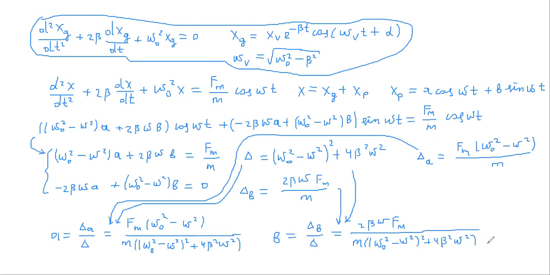Okay, so we have found these coefficients a and b. So we already have the solution of our differential equation of small forced oscillations, but this form of solution is not quite useful.